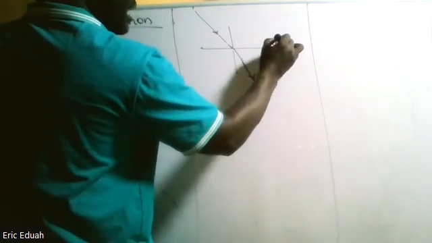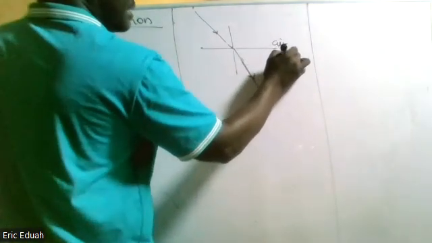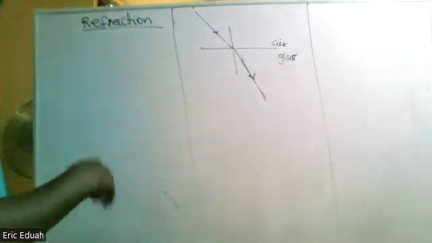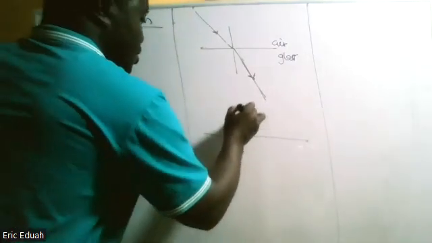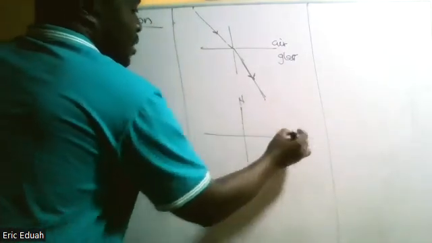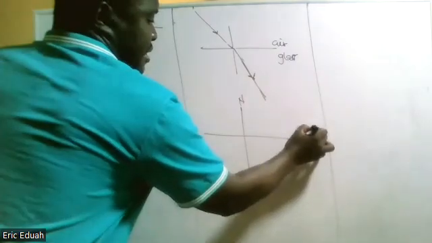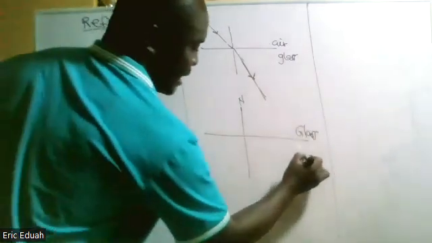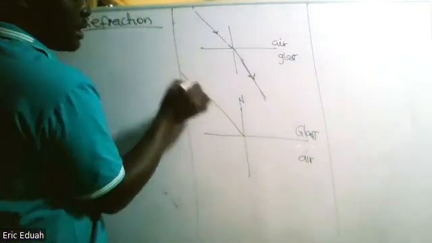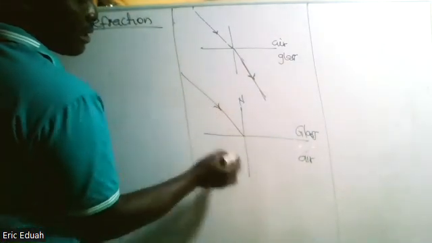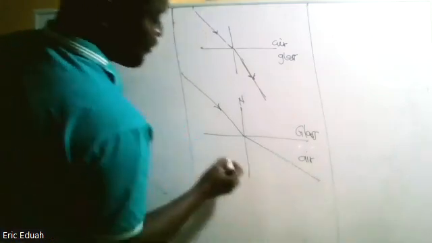This is the boundary, air to glass. It can be boundary, normal. This is glass, air, incident ray, refracted ray.